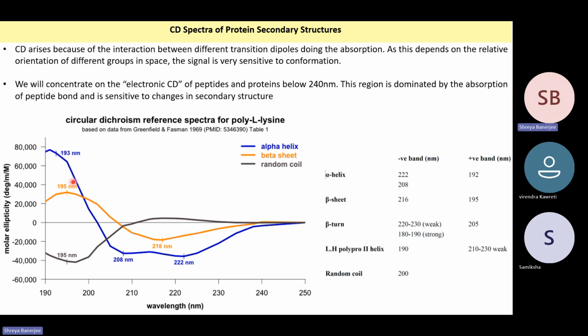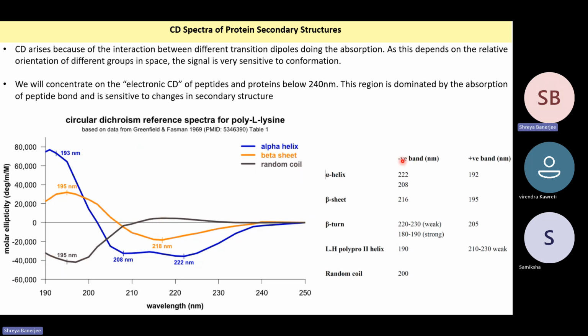So whenever you see this kind of a signal, you can say the protein is adopting an alpha helix conformation. Beta sheet will again have two characteristic bands. This orange line is the beta sheet. Similar to the alpha helix, it has a positive band around 195, but only one negative around 218. And random coil will have only one negative at around 195.